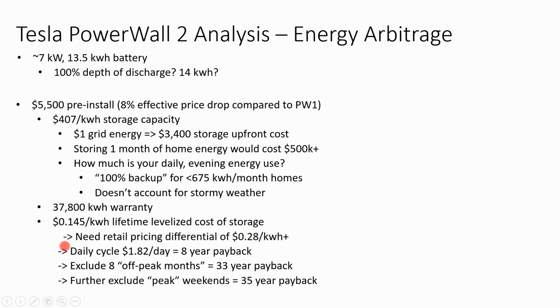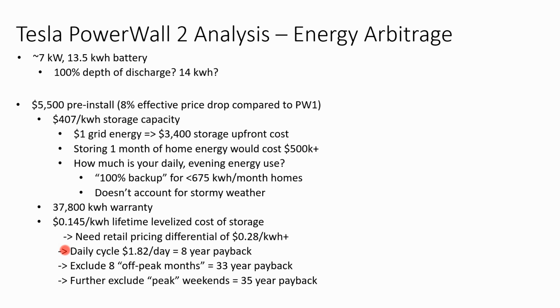But even if you have an opportunity for a very expensive energy only arbitrage opportunity, what you also need is for that opportunity to present itself every single day of the year, as it would in Hawaii, where every single day of the year you're not allowed to export power onto the grid.